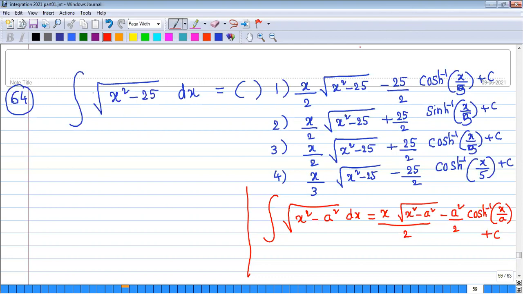Option 2 is not correct. Either option 1 or option 4. Option 1, yes, option 1 is the correct one.